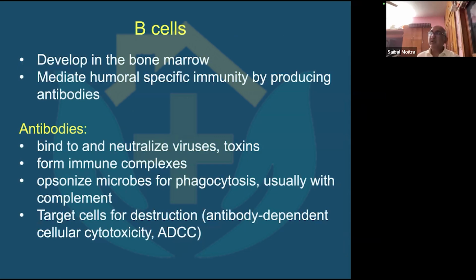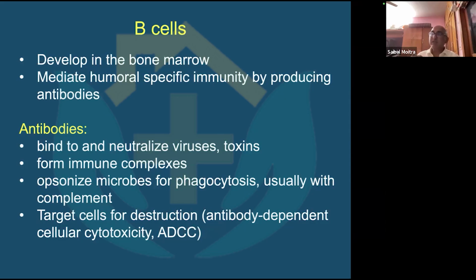The second is opsonization. That is, it can bind to a microorganism and make it more palatable to be engulfed and digested by a phagocytic cell. This is called opsonization, and IgG is very important for it.